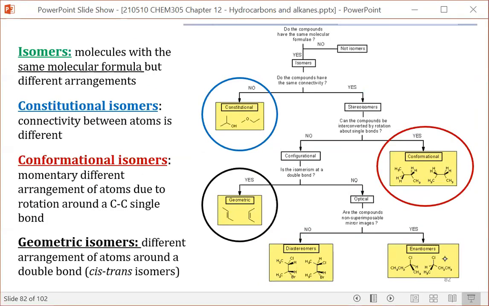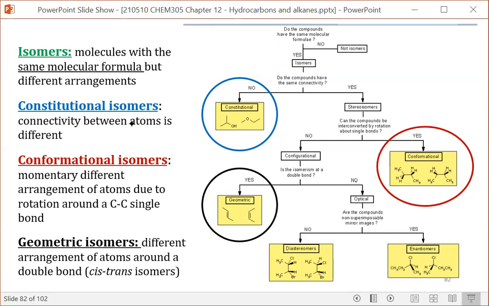So we can add this to our flowchart of isomers now. We talked about that isomers are molecules with the same molecular formula, but they have different arrangements. The first type of isomer you always learn about are what are called constitutional or structural isomers. These are isomers where the connectivity between the atoms is different. They're bonded in a different order.